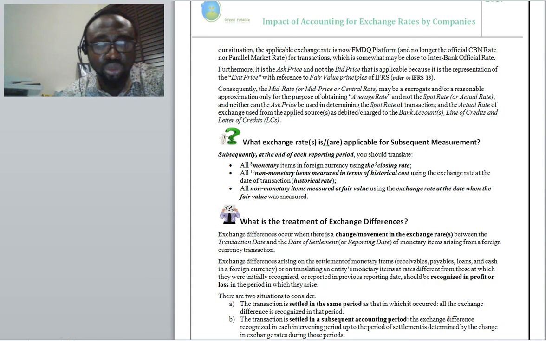These are considered monetary items. Examples include receivables, payables, cash you have in the bank and some categories of investments. And these are what we call monetary items.